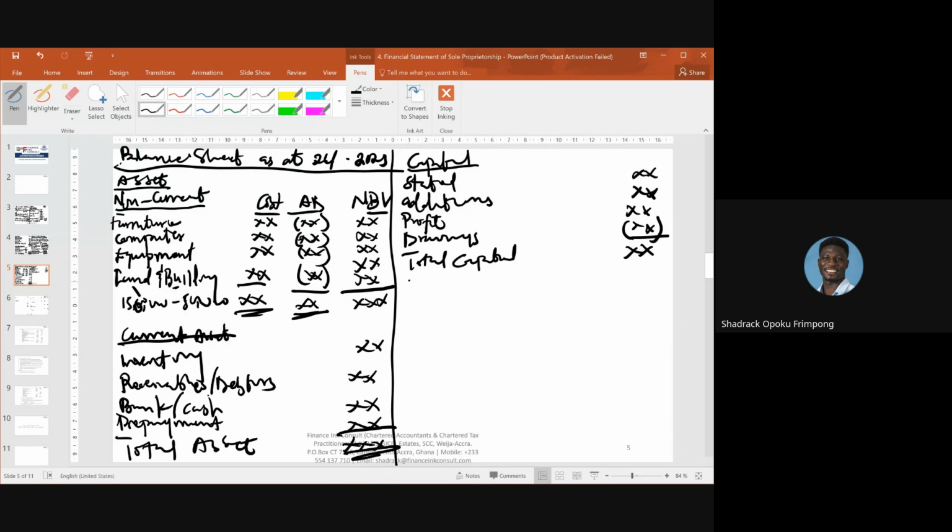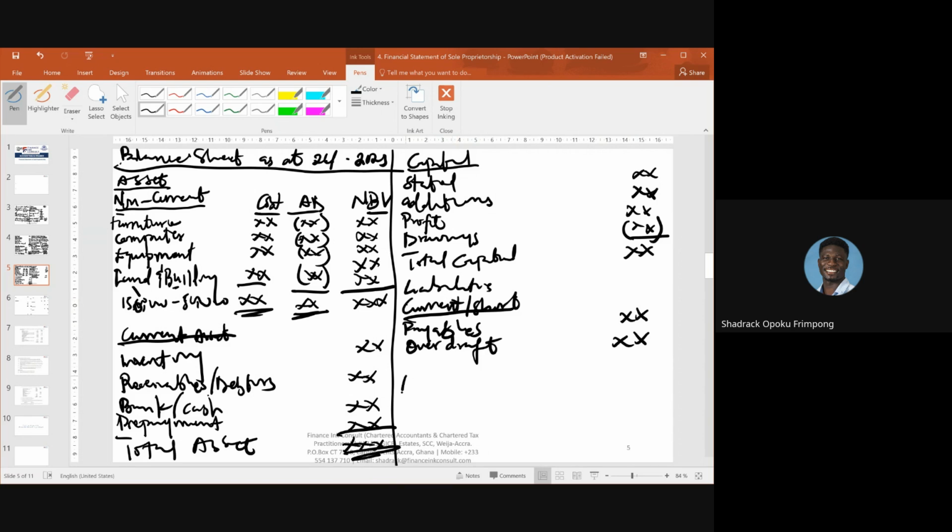Then when it comes to our liabilities, we can pick it up from, let's say, long-term or current, anyone. So let's say current liabilities or short-term. So we have our payables, the people we are owing. Then let's say we have overdrafts, bank overdrafts. Okay. So current.